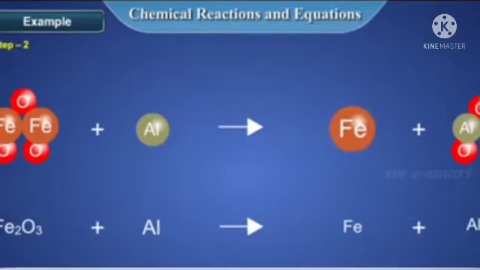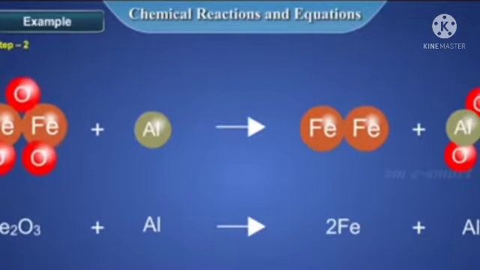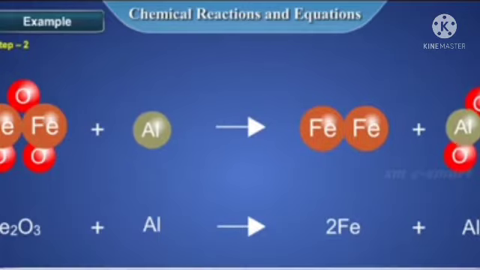To equate the number of iron atoms, multiply iron by 2 on the product side: 2 iron. Next, in the above equation the number of aluminium atoms is still unbalanced. There is 1 aluminium atom on the left side and 2 aluminium atoms on the right side. To balance the aluminium atoms on both sides, multiply aluminium by 2 on the left side of the arrow mark.